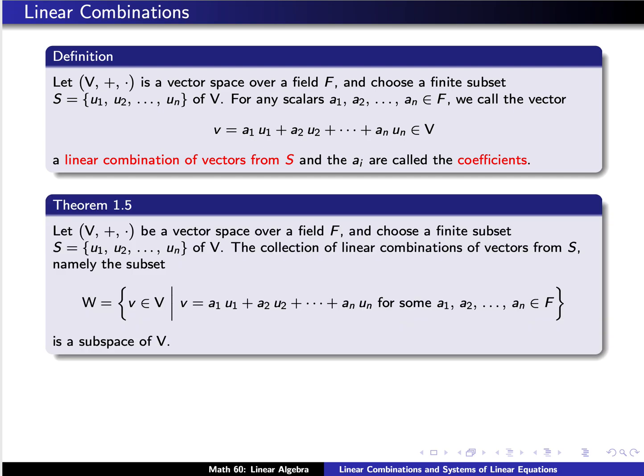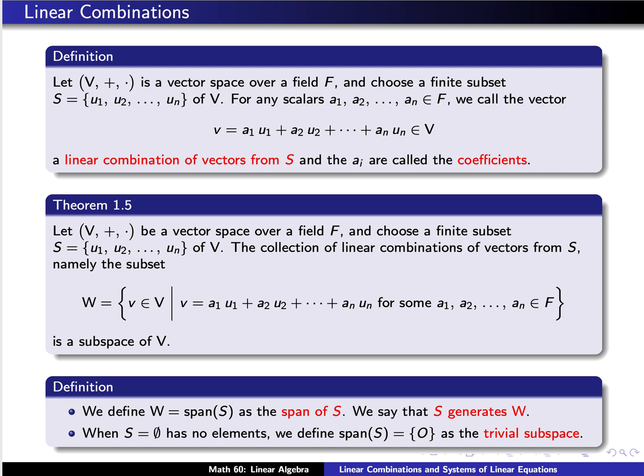The big result says that if we take such linear combinations and put them all together into one set, then this set is a subspace of V. We'll give some definitions here.